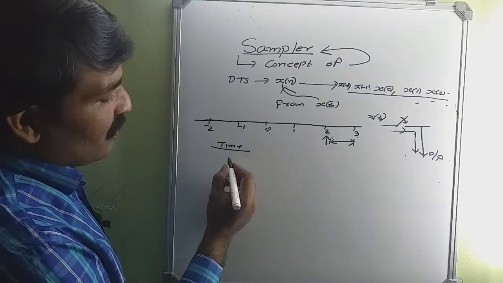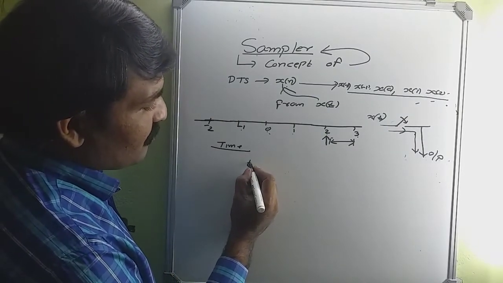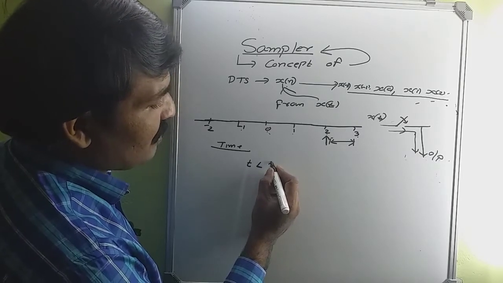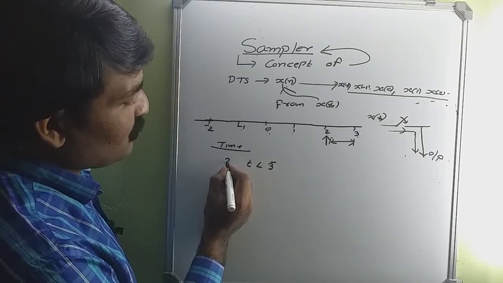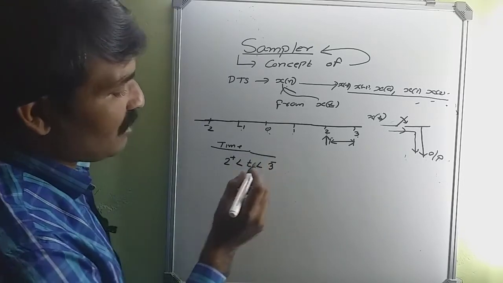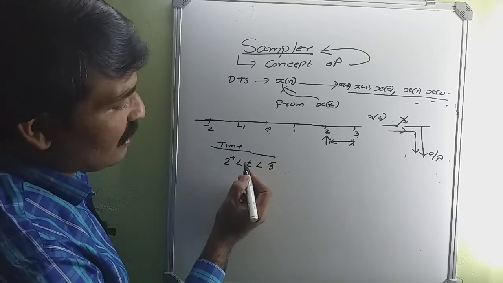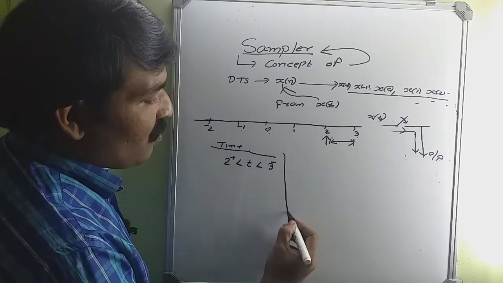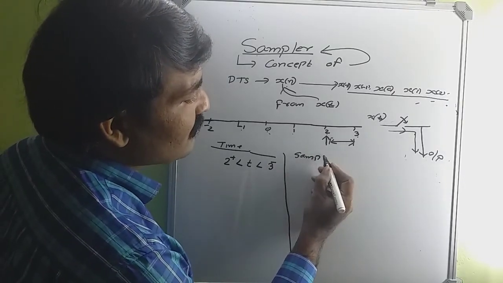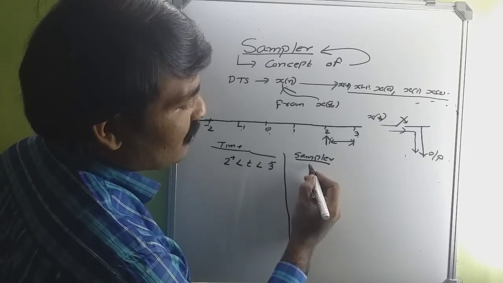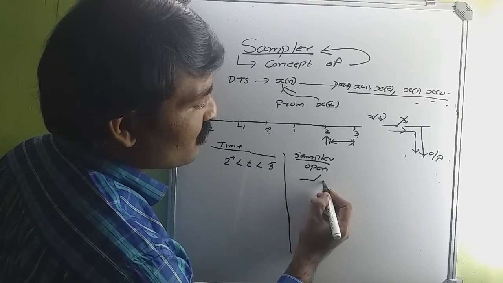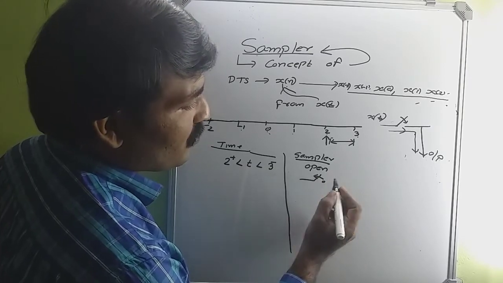Now, when our time t is in the interval 2 plus less than t less than 3 minus, what happens to the sampler? The sampler is in the open position.